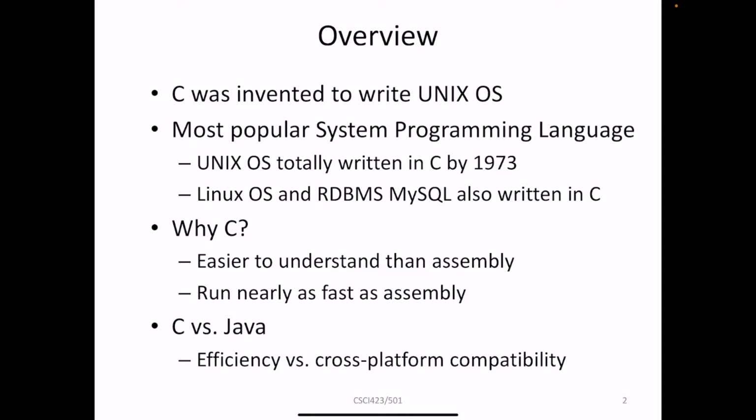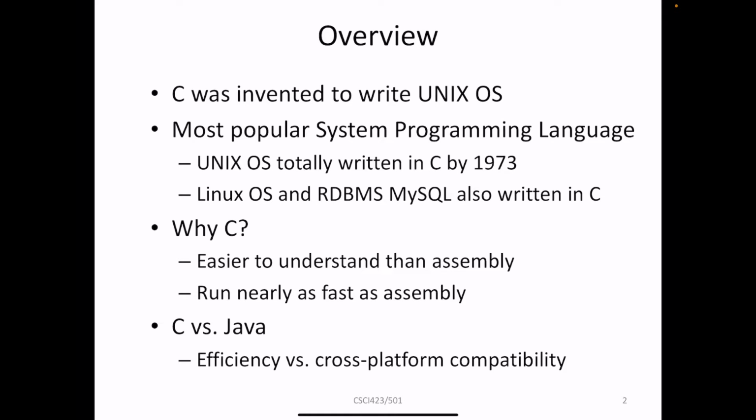Most operations in an operating system are done within several milliseconds or at most 10 milliseconds. However, in computer networks, most operations are done within hundreds of milliseconds. So you can see that Java is good enough to handle that.